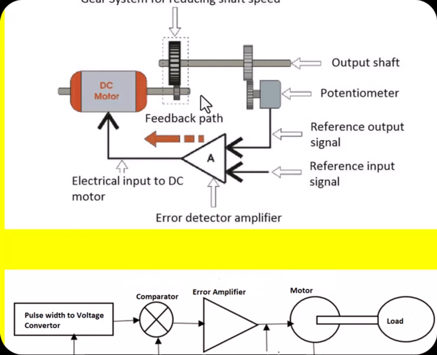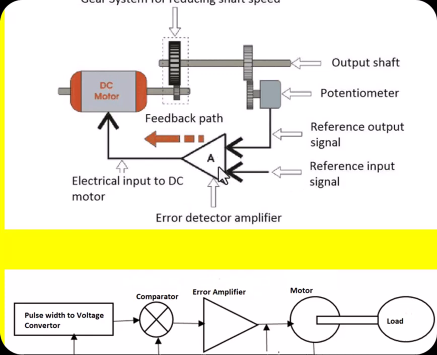This movement in the clockwise direction will increase the output shaft feedback, that is the potentiometer output, also called the feedback. Once the output signal value increases, the error reduces, because the difference between the input signal minus the output signal is nothing but the error.